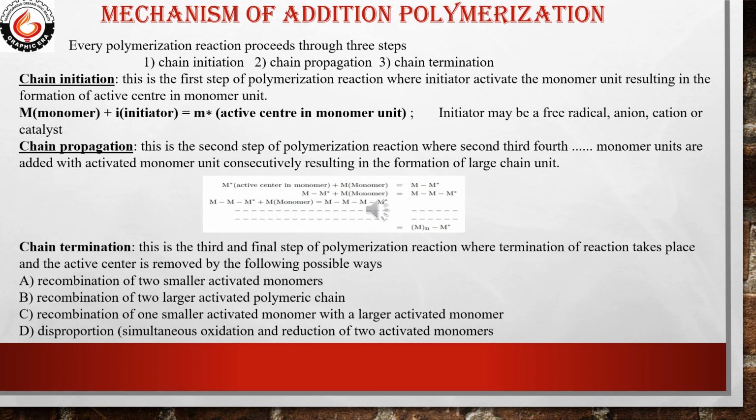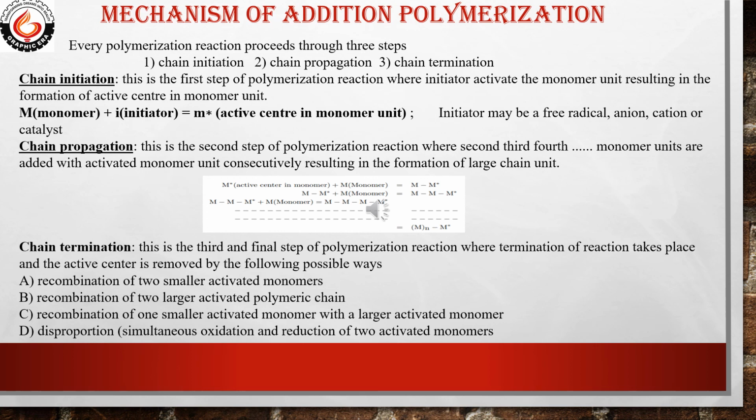In chain initiation, the chain forming initiates. Here usually an initiator is used, and this initiator will combine with the monomer to activate the monomer, meaning to create an active site in the monomer so that the monomer can react further. The second step is known as chain propagation, meaning growth of the chain.